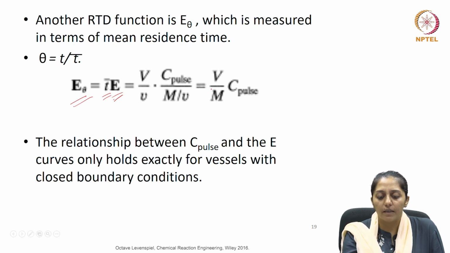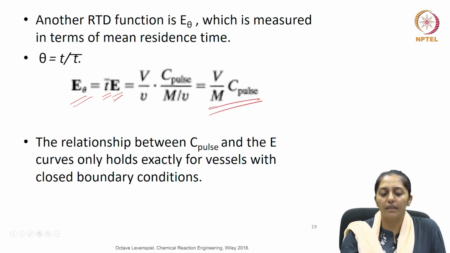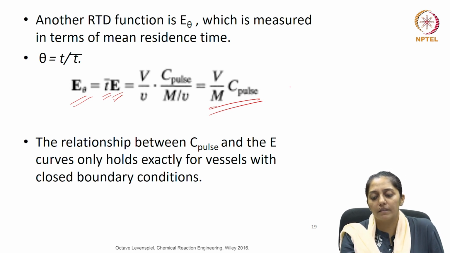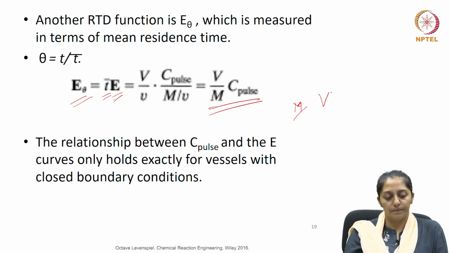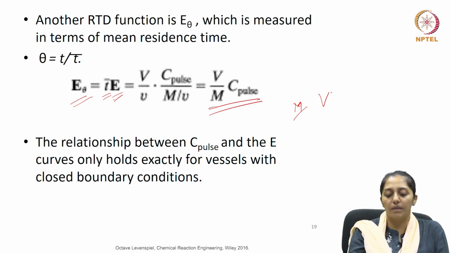So effectively, E theta values can be obtained from the C pulse curve if we divide the corresponding C values by M and multiply by the volume. Now we have the correlation between the C pulse, the E curve and E theta, which is true for vessels with closed boundary conditions.